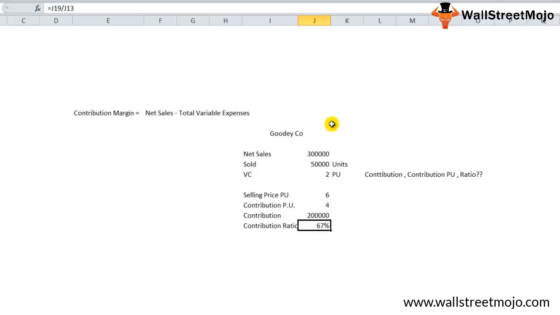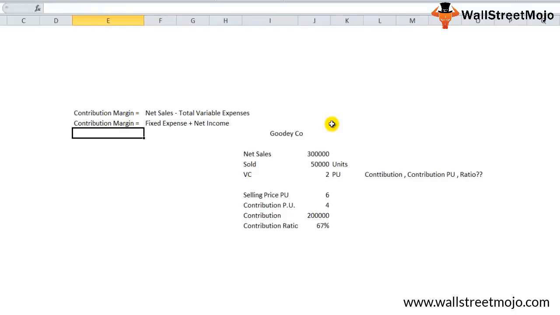Contribution can thus be expressed in another way as well. We can easily say that the contribution margin is equal to the fixed expense plus the net income.